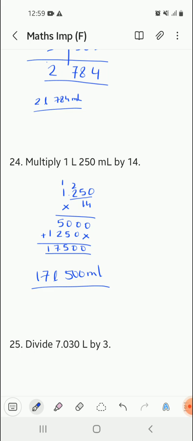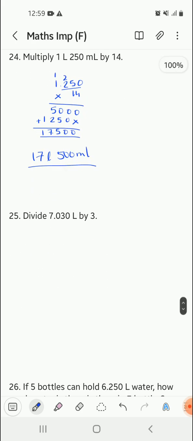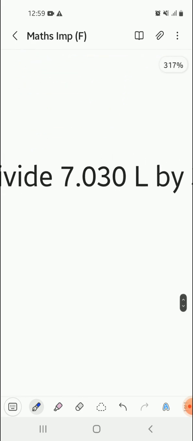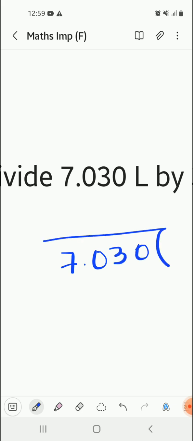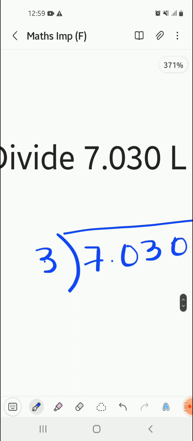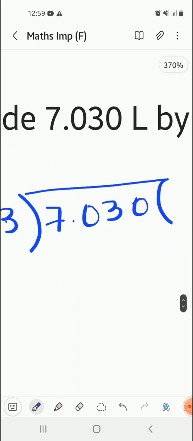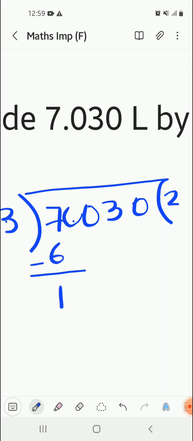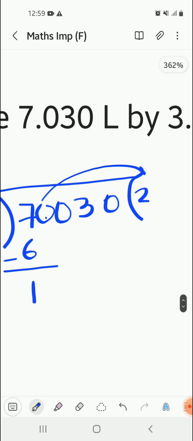Moving on to the next question. Divide 7.030. So we're going to write 7.030 and we need to divide it by 3. Okay, this is in liter. Fine. Now let's do it. We're going to write here 3 into 2, 6, 1. Insert the decimal point here.